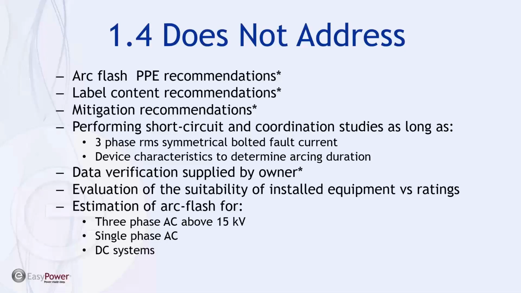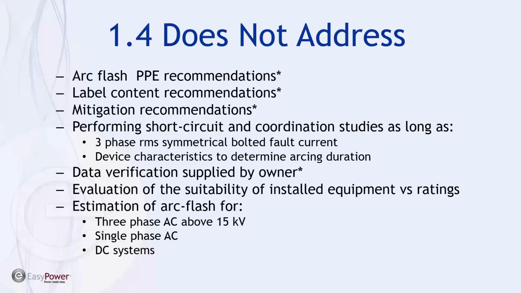There are no recommendations for label content. Again, this is all deferred to NFPA 70E and to the 1584 documents, where there is content. There's a specific exclusion of mitigation recommendations, which was a significant portion of the report recommended in the original 1584.1.